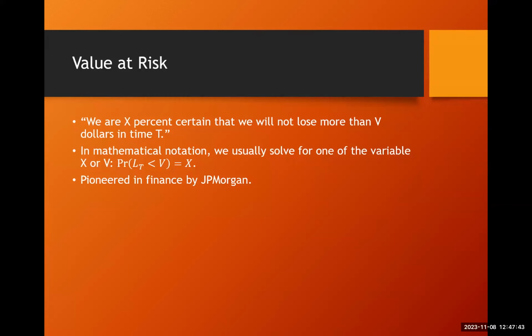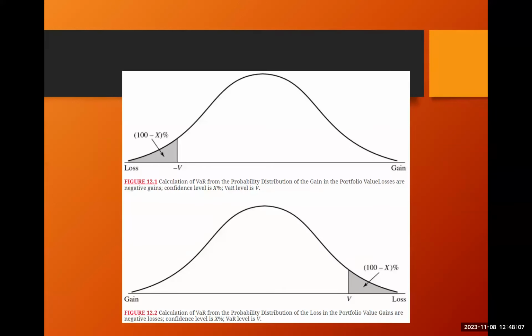So, value at risk is a risk measure that says we are X% certain that we will not lose more than V dollars in time T. We can express this in mathematical notation by saying the probability that your loss is less than V equals X. So as a picture, this gives us a percentile of our loss distribution.